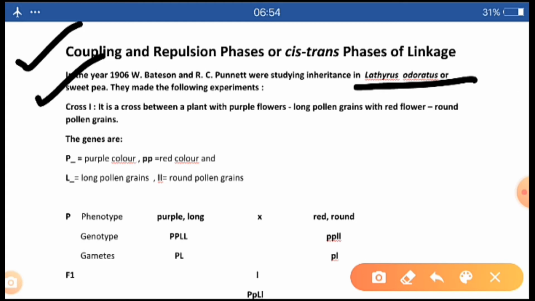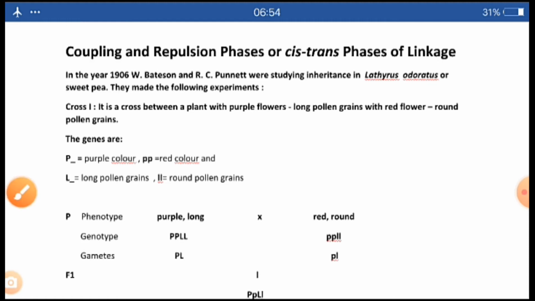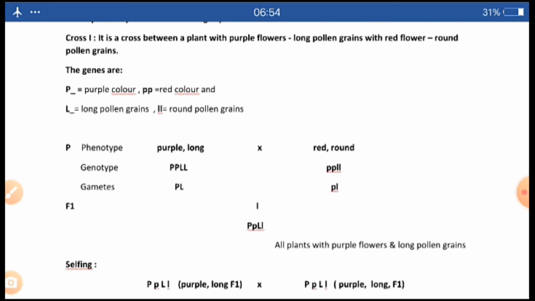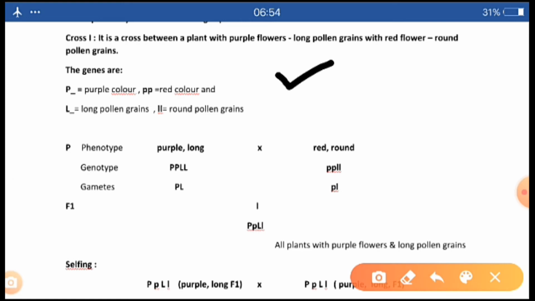Let us examine the crosses. This is the first cross where they took two characters, that is, they followed Mendel's dihybrid cross process.